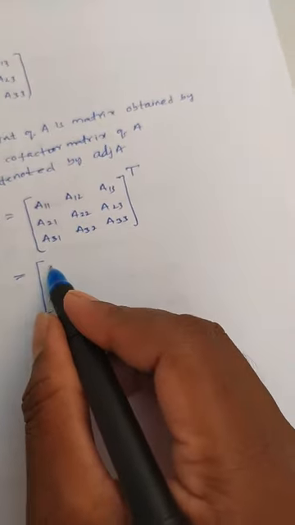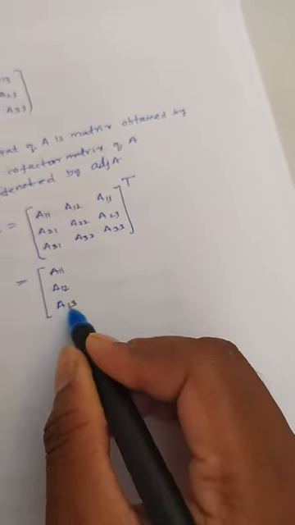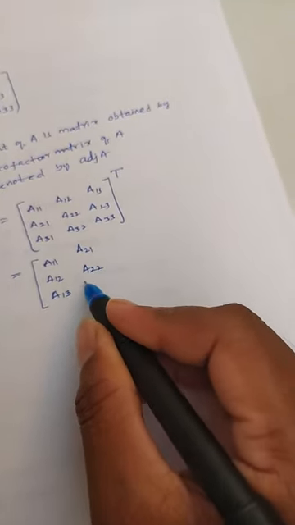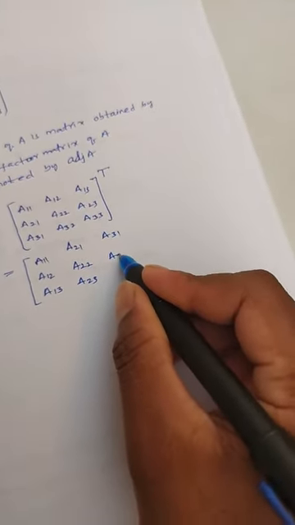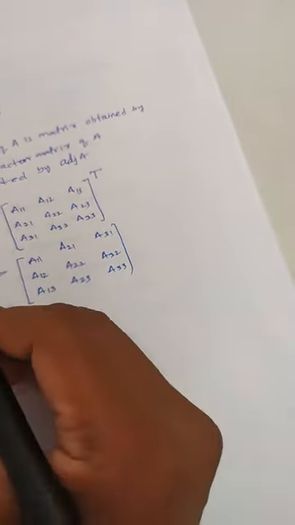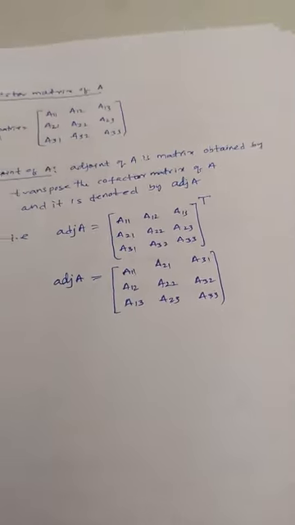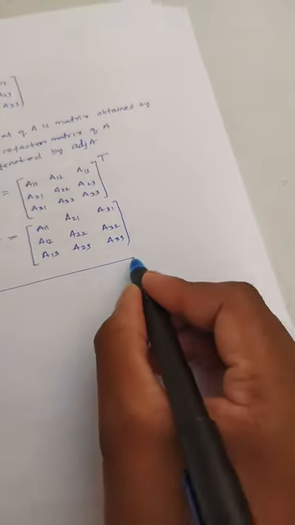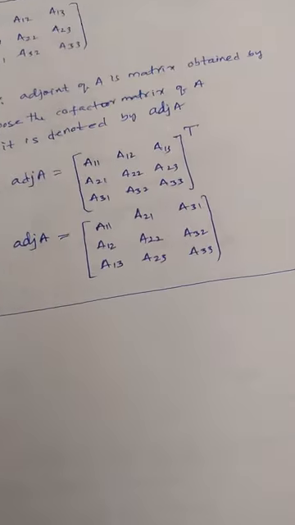So the first row I am writing as a column: A11, A21, A31; then A12, A22, A32; then A13, A23, A33. So this is the procedure to find the adjoint of a given square matrix.